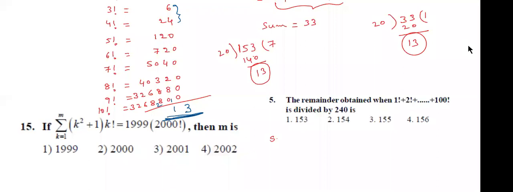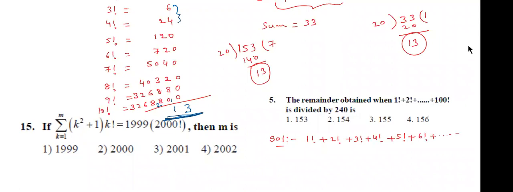Fifth question, it is divided by 240, given. So take the sum of 1 factorial, 2 factorial, 3 factorial, 4 factorial, 5 factorial. Up to 5 factorial, the sum is how much? 153 only. We need more than 240. That means take 6 factorial also.